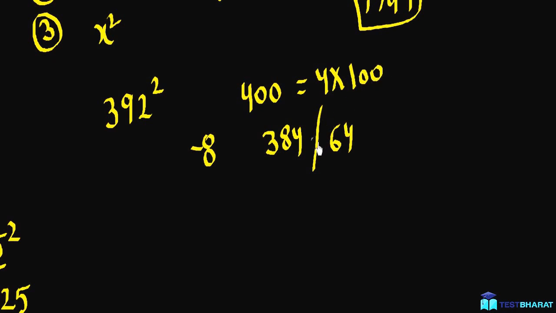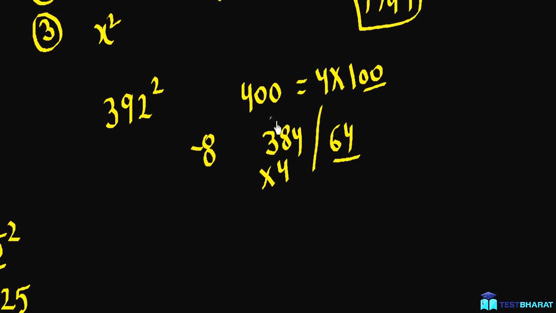So here I have to multiply this y by 4. And for this part, since there are two zeros, I can hold 2 digits here, so 64 will remain there.